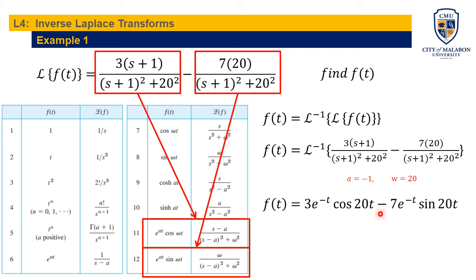And then, sa second, that will be minus, dahil minus naman yung nakikita natin dito. 7, inilabas lang natin yung constant dyan. And then, e to the minus t, dahil yung ating a ay negative 1, sine ng omega t. So, omega is equal to 20t.